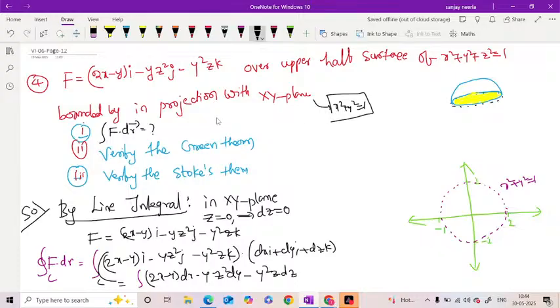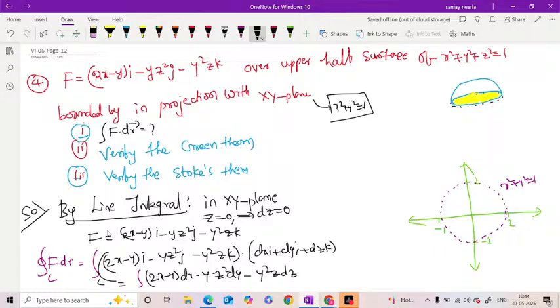So here there are 3 questions: evaluate the line integral F dot dr, verify Green's theorem, and verify Stokes theorem. First of all we will do it by using the line integral. It is clearly given the projection on the xy plane, so z equal to 0 and dz equal to 0.